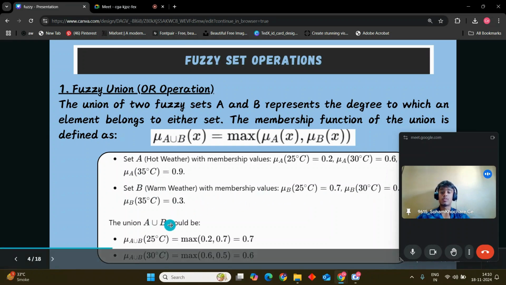The union of A and B would be the maximum of 0.7 and 0.2, which comes out to be 0.7. Same for the union values for 30 degrees, which is the maximum of 0.6 and 0.5, which comes out to be 0.6.